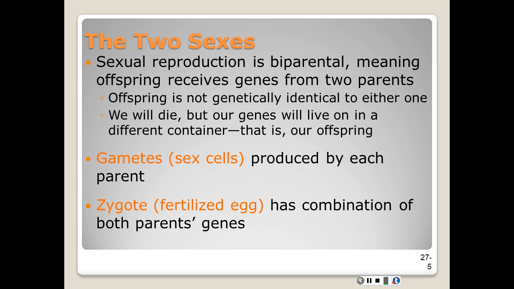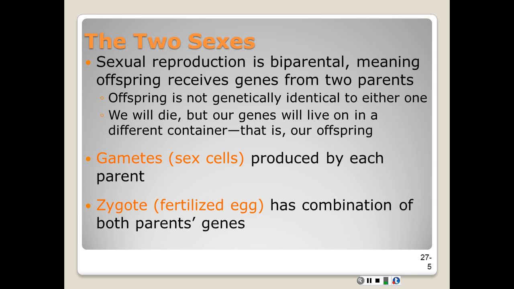The essential of sexual reproduction is that it involves two sexes whose gametes, when combined, form a zygote that develops into a new individual. Now the gametes must be mobile so that they can come into contact and must be able to provide nutrients for the zygote.